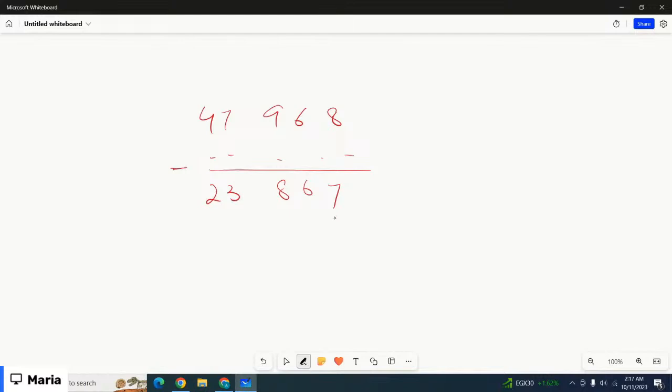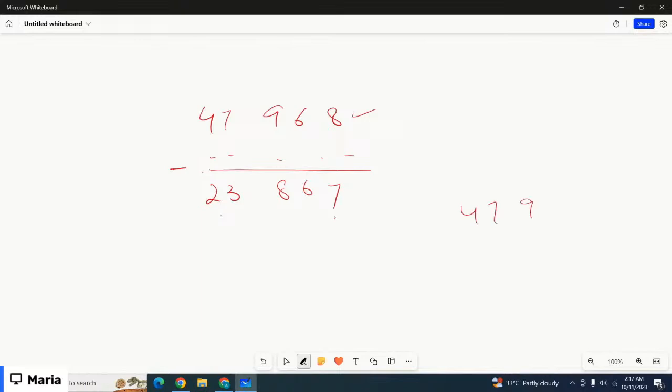You can see this number is always greater, right? And the number that is missing here is the number that is less than 47,968, right? Whenever you have to find the number that is smaller, right?